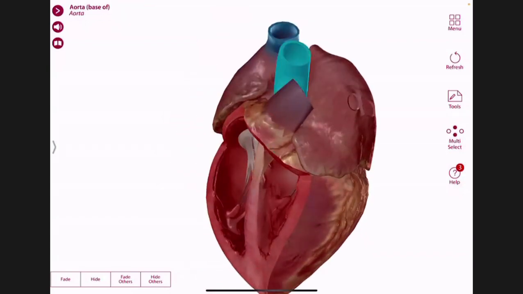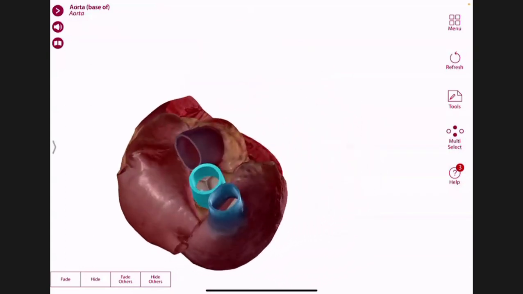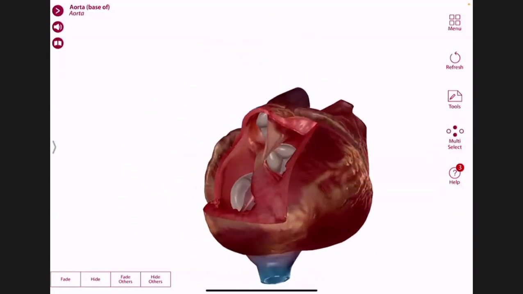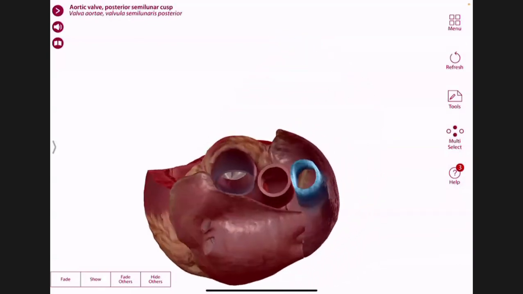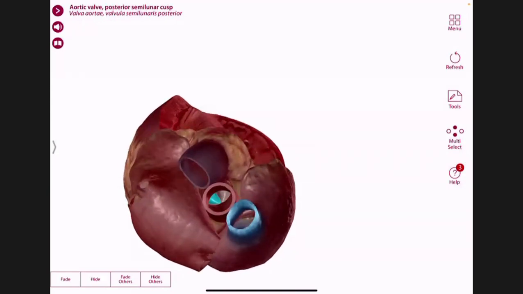Similarly, this is the aorta. Can you see the aorta? The aorta's opening is also guarded by valves. Can you see from the bottom? This is the semilunar valve of the aorta. If you hide, you can see the ventricle over here, no covering, and if you show, it has come back.